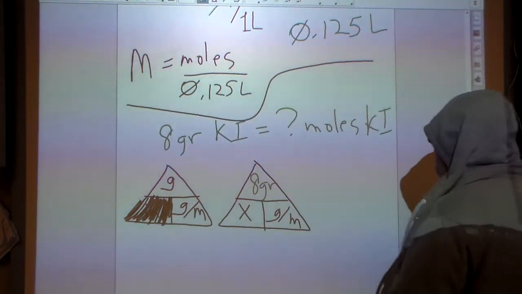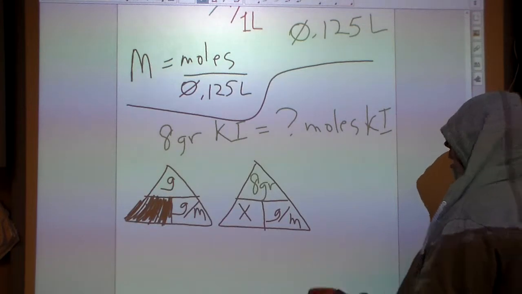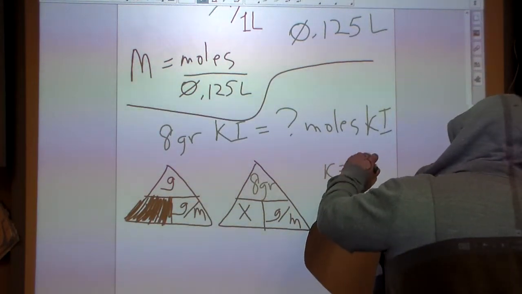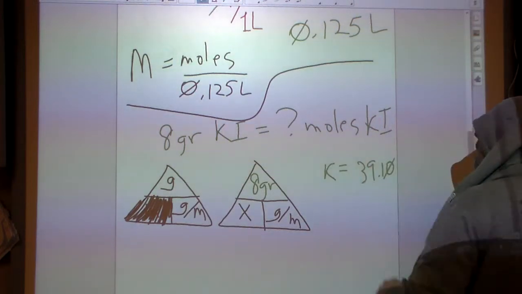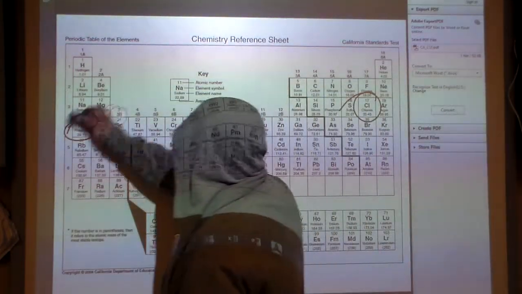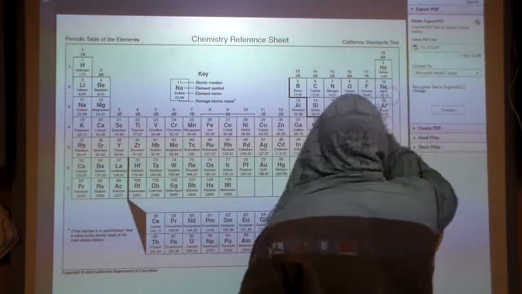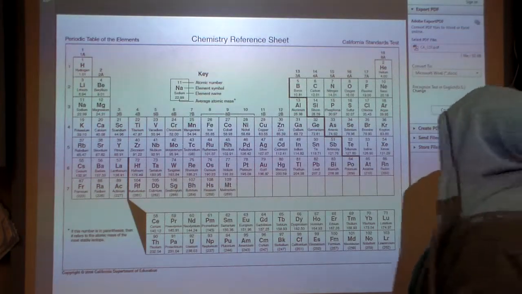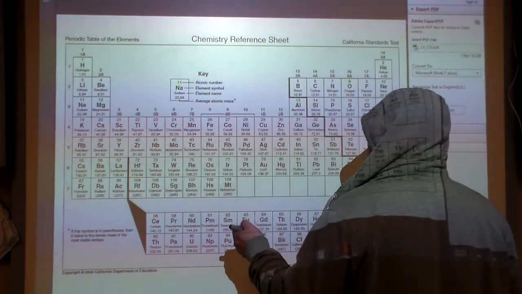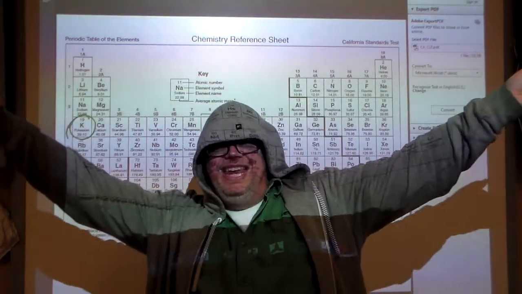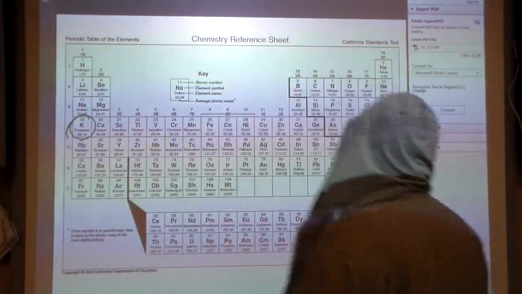We need to figure out how many grams there are in a mole of KI. Well, here's the potassium. Now, the potassium is 39.10 grams per mole. How do I know? My periodic chart. My little periodic chart. It's such a wonderful friend. Not my only friend, thank goodness. So, I got potassium over here, 39.10. Did I nail it?